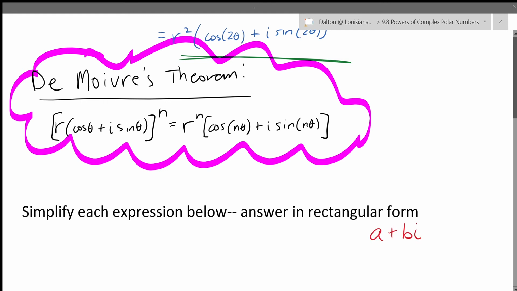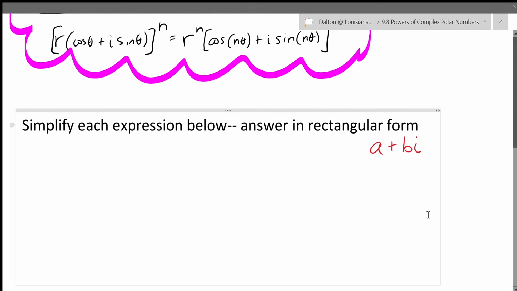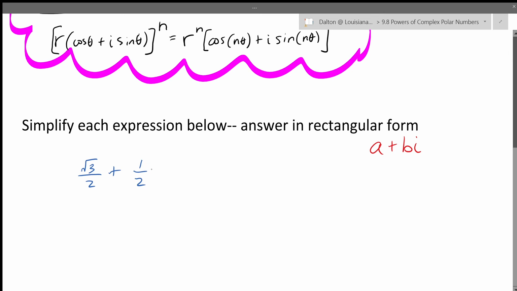This is something Mr. Ware and I have caught over the last couple days. When you're answering in this form, we need a and b to be very distinct numbers. Suppose you got down to an answer like square root of 3 over 2 plus 1 over 2i. The way this is written, I can clearly tell this is a, this part is b, and then of course i is i.